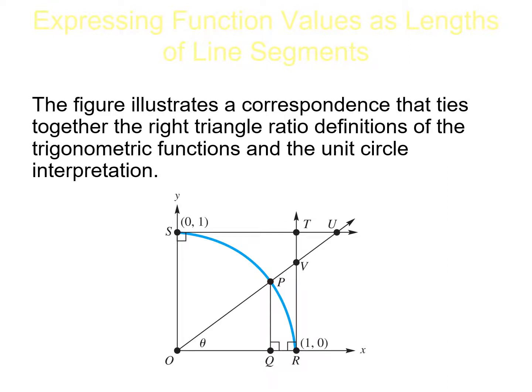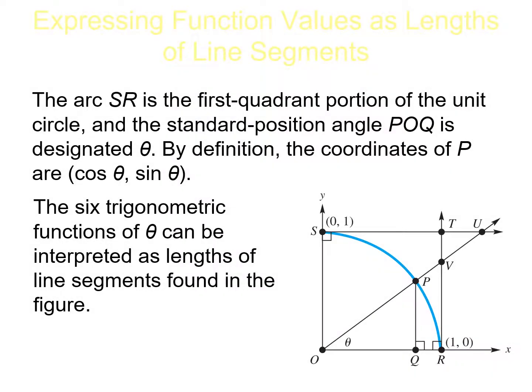Now we can express functions as values of lengths of line segments. This diagram gives a correspondence that ties all of the triangle ratios to a square and the unit circle. Now, if you look at each one of these and analyze them, P is at a radius of 1, and it corresponds to x, y, or cosine theta, sine theta.